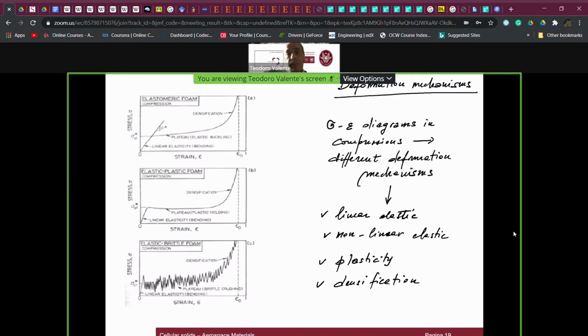expected to be poor properties. What is interesting for us is the behavior when the solid, I mean the cellular solid, is subjected to compression load. And this is the field of application of this kind of materials, when they have to face compression applied loads.